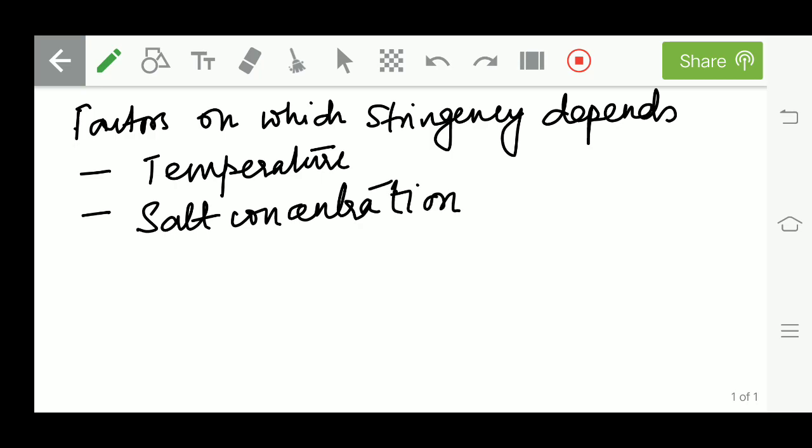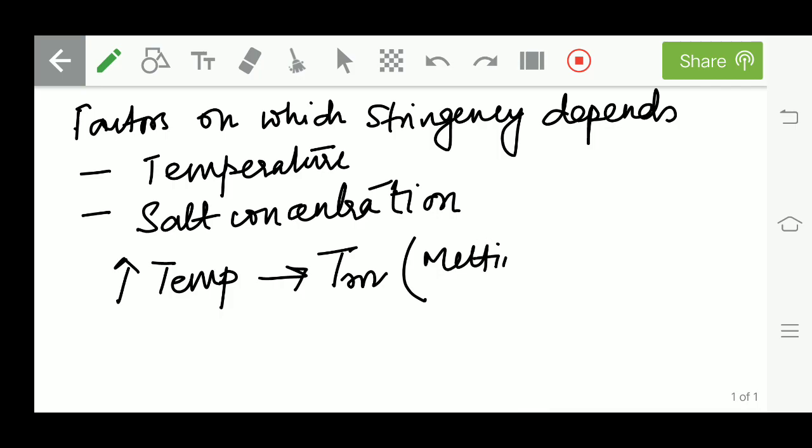High stringency is always achieved with high temperature, approaching your Tm. What is Tm? Tm is your melting temperature.